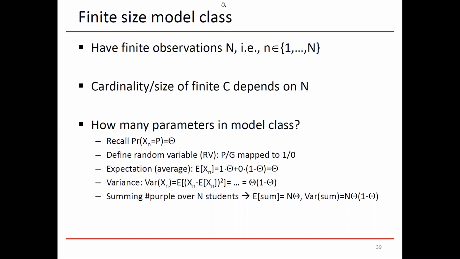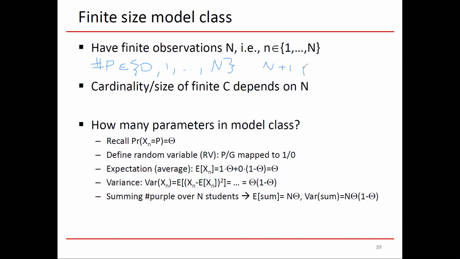So now think about it, that the number of purples could be 0, so it's an element of the set that could be 0, could be 1, could be 2, all the way up to n. So there are n plus 1 possibilities. And I'll just abbreviate that by POSS, possibilities.